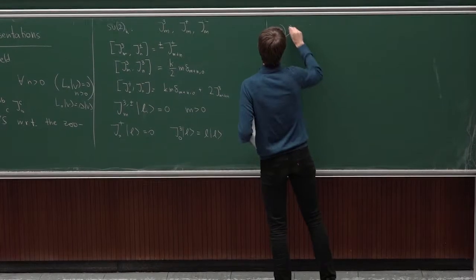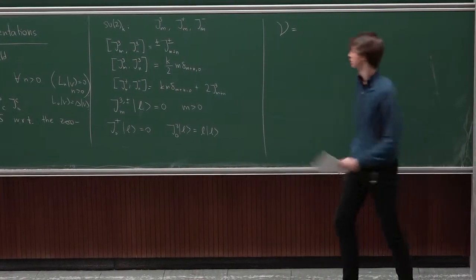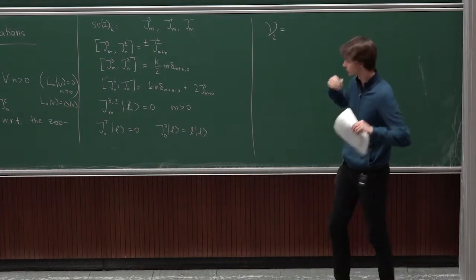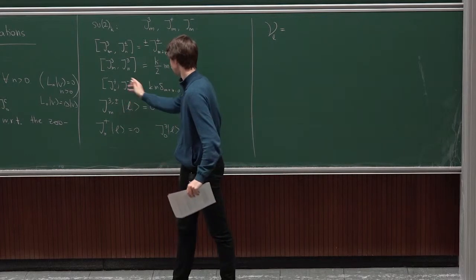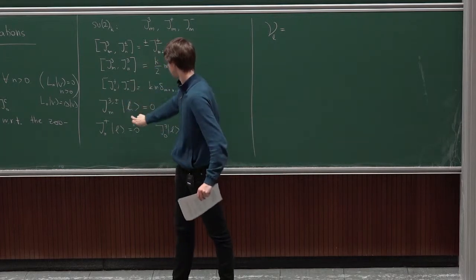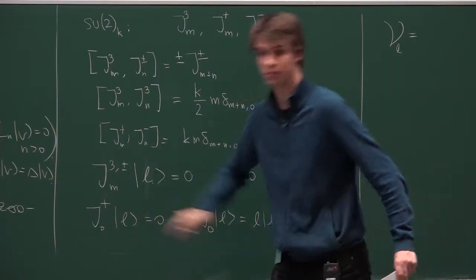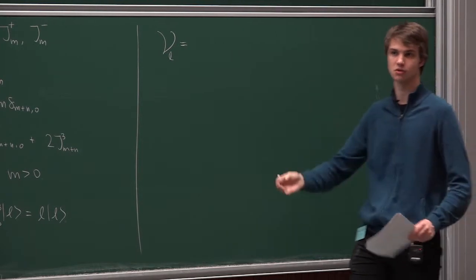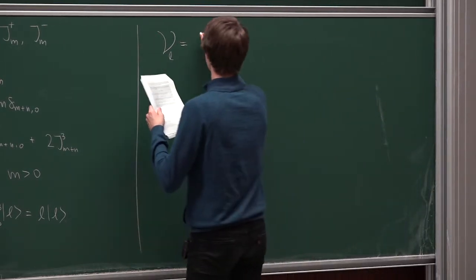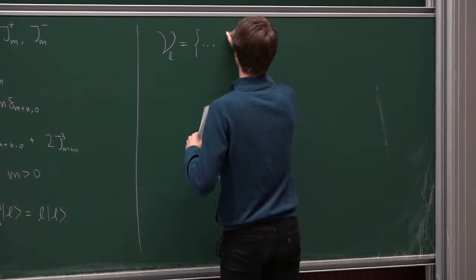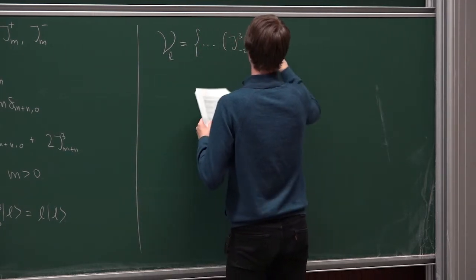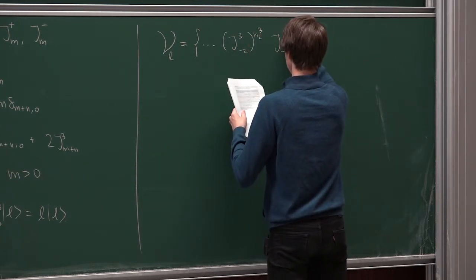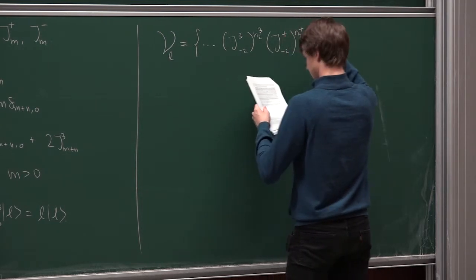And as Sylvain did, let's introduce a Verma module. So the Verma module, I can maybe add an index L. It's obtained by acting with all the operators, since I've constrained what the positive mode operators do on that L, and I've constrained what the 3 and plus zero modes do. So I can act with all the other operators as many times as I want, and I generate my Verma module. So let's write this out one time. Everything I'm writing here means I can act many times.